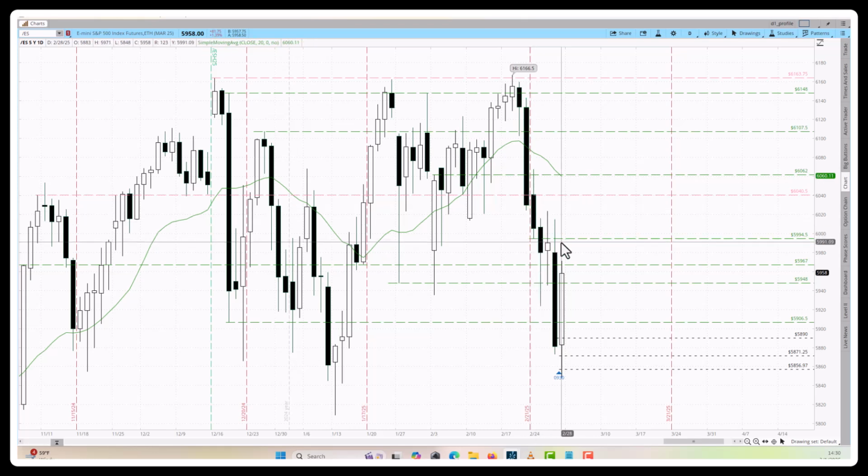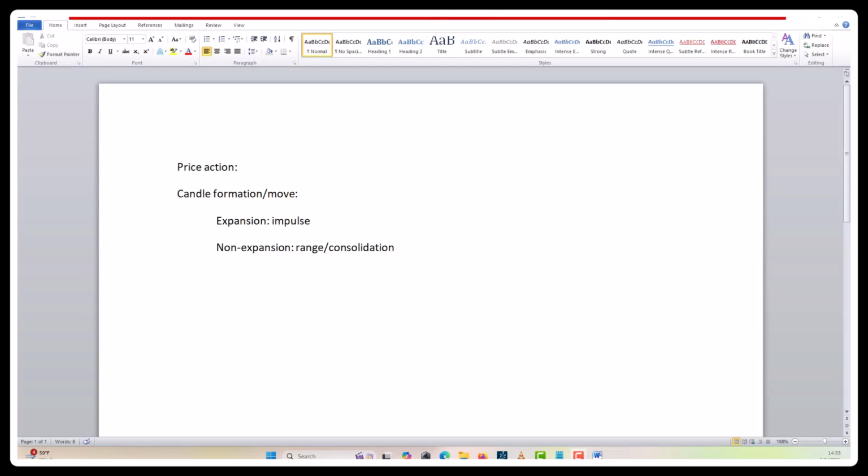So the Monday is also an expansion move. And then we see the Tuesday, also a huge expansion, and then it retraces. So we have 3 expansion moves in a row. And then on Thursday, we have a non-expansion move.